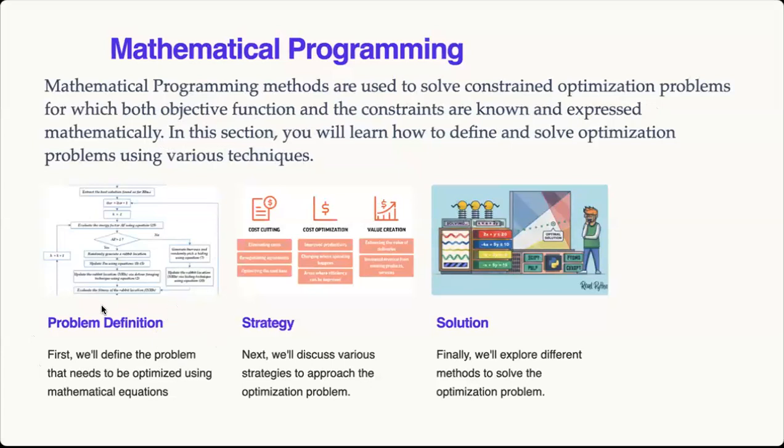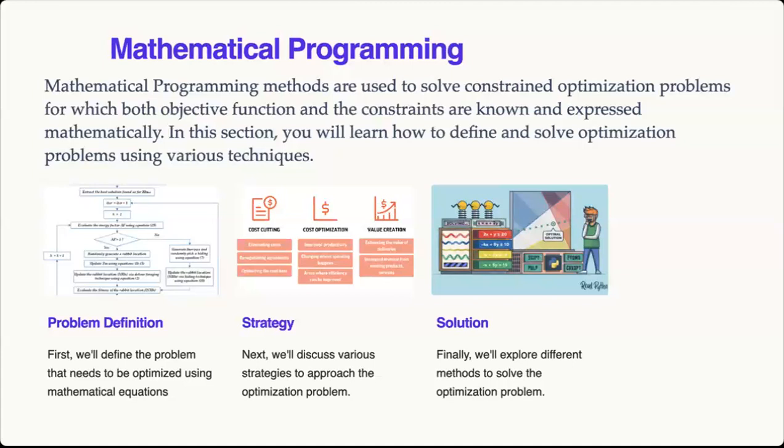From the real world problem, we define it. Sometimes we call it formulation, problem formulation. We map from the real world problem to an optimization problem. We call it problem definition or problem formulation.